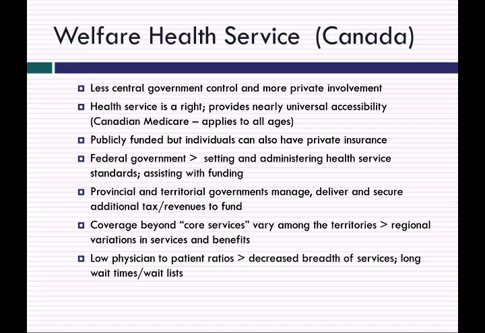The problem with the Canadian system is that there are low physician-to-patient ratios and a decreased breadth of services, and this has resulted in significantly long wait times and wait lists.